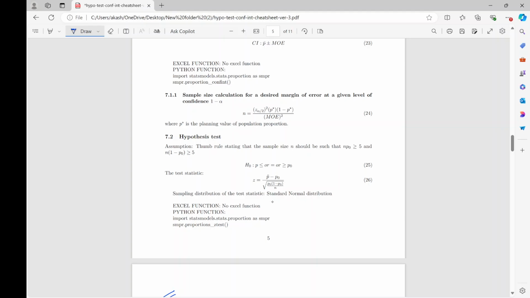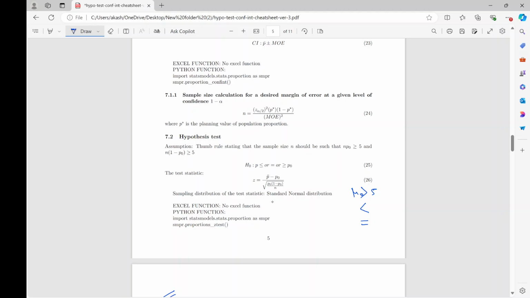In these three scenarios, we will also have three kinds of hypothesis testing: right-tailed, left-tailed, and two-tailed. If our alternative hypothesis, what we want to prove, is mu greater than 5, then it's right-tailed.